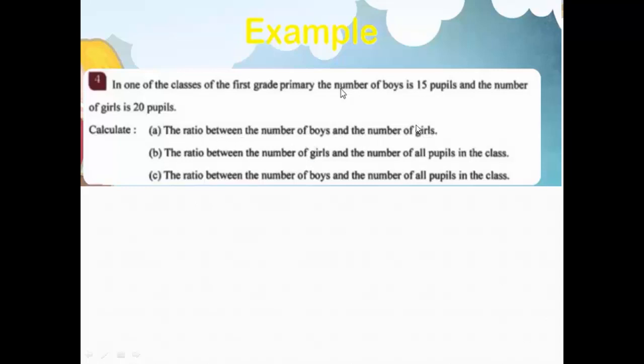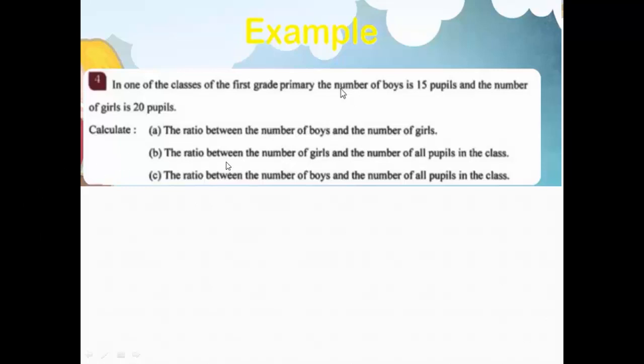We know from between what and what: between the number of boys and the number of girls. So we write the ratio between the boys to girls.